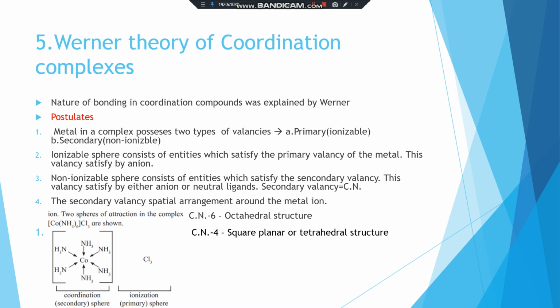A complex with coordination number 6 has an octahedral structure. When 4 coordinating groups are attached to the metal ion, the complex would be either square planar or tetrahedral in structure.